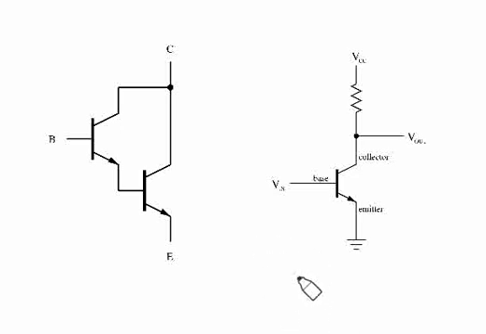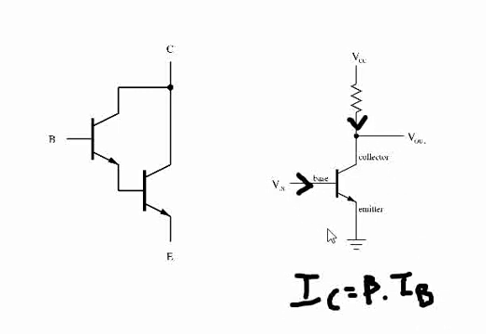For this, we know the relation between the collector and the base, where the collector current is given by IC is equal to beta IB. So the collector current and the base current relation is determined by the current gain of this transistor.